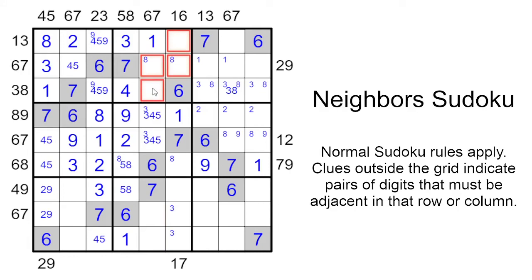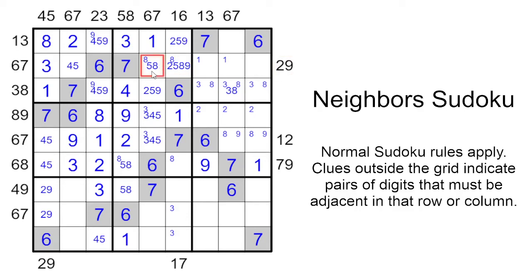Remaining digits in the box, we're looking at 2, 5, 8, and 9, which neither of these can be 8. The 8 here is interesting for this 2-9 pair, because if I put a 2-9 here, it immediately gets an 8 next to it because of the 8 in the box, but it should also have a 2 or a 9 next to it because of the 2-9 clue.